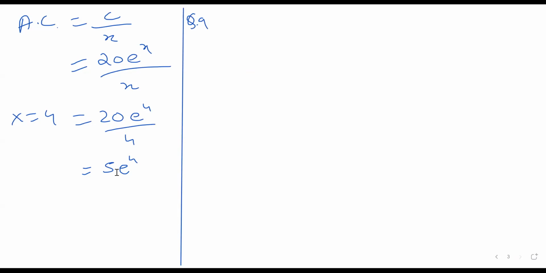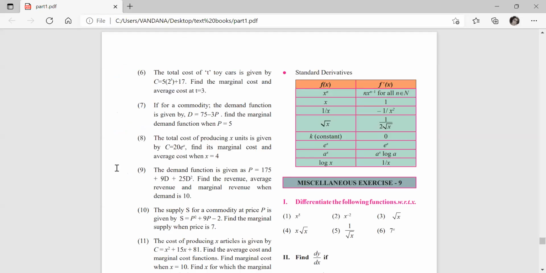The demand function is given as P is equals to 175 plus 9D plus 25D square. Find revenue, average revenue, and marginal revenue when demand is 10.